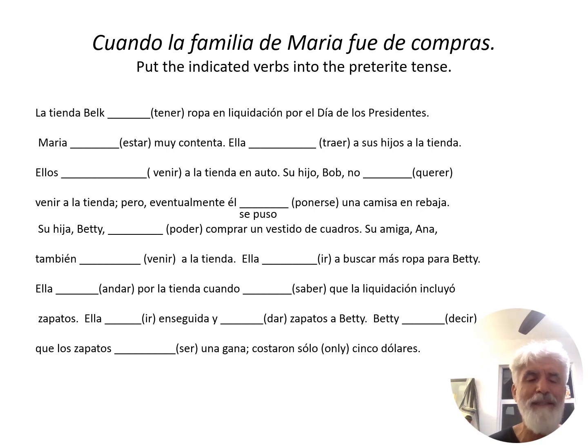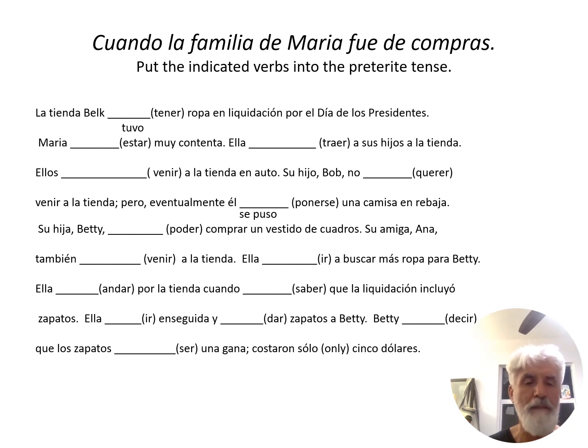So how are we going to say had? Well, what is the preterite stem for tener? It's a U stem. It's going to be tuv, T-U-V. What is the ending that goes with the third person singular, él, ella, or it? It's an O, so tuvo, tuvo. Okay, so the Belks had clothing in liquidation.